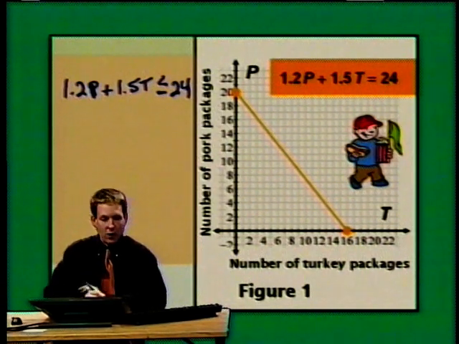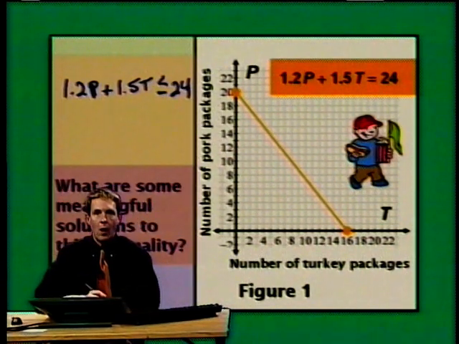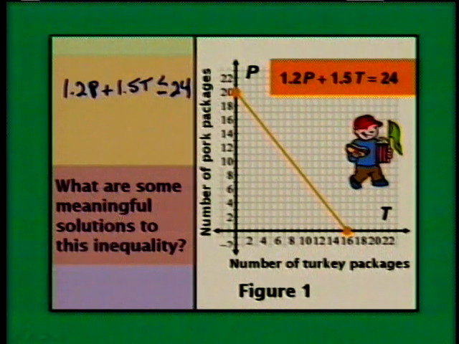So a natural question would be, what are some of the meaningful solutions to this inequality? Well, we already saw that there were only 5 meaningful points on the line that satisfy the equation, and since our inequality symbol includes equality, these 5 points would satisfy the inequality as well. But maybe Marge doesn't want to buy any one of these specific combinations.